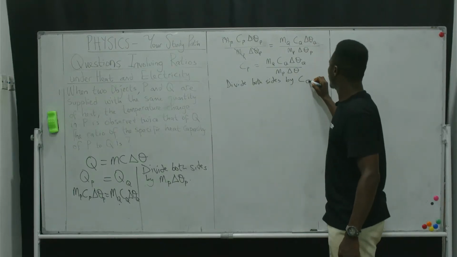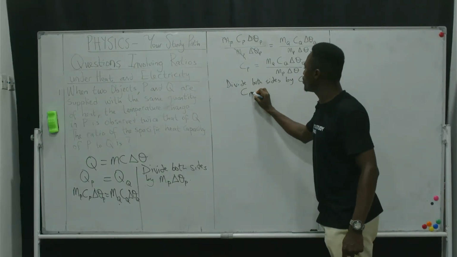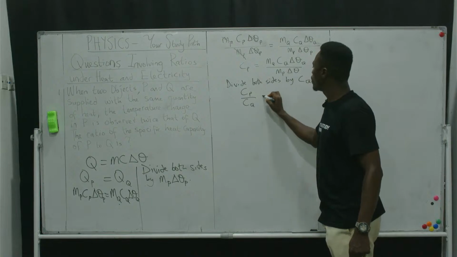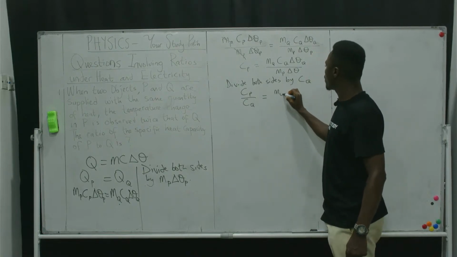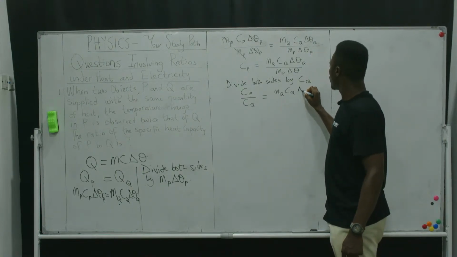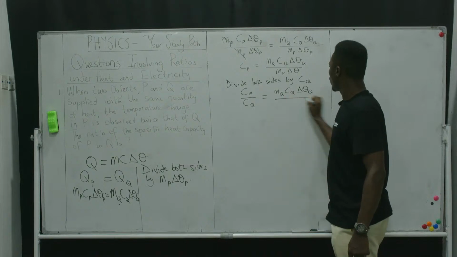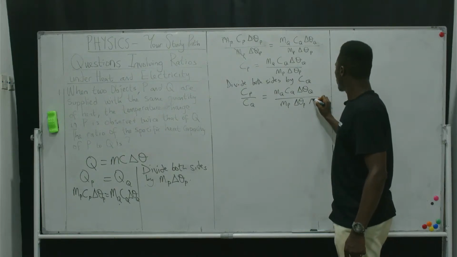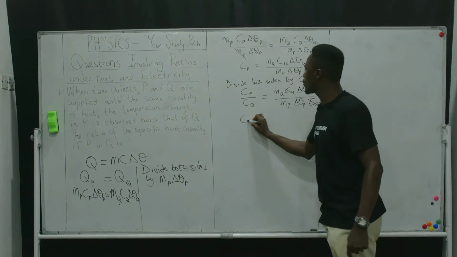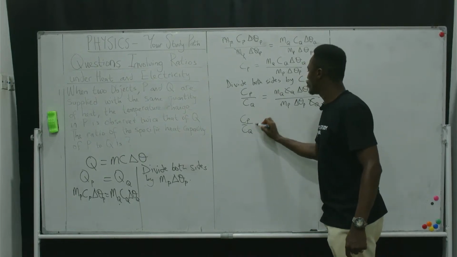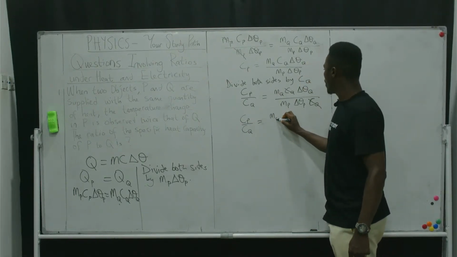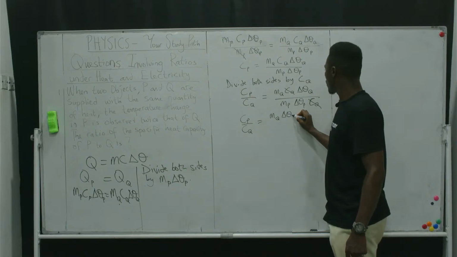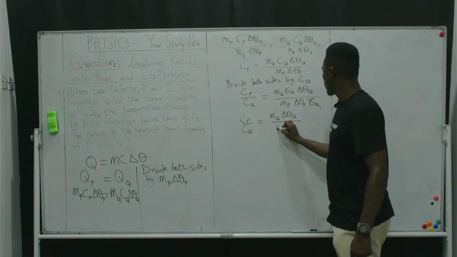Doing that, I would have CP over CQ equal to MQ CQ change in theta Q over MP change in theta P over CQ. CQ cancels out, so CP over CQ should be equal to MQ change in theta Q over MP change in theta P.